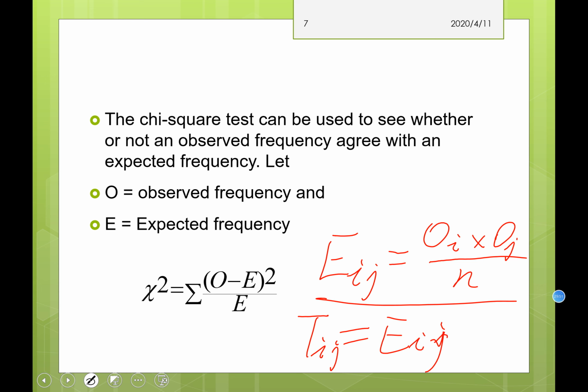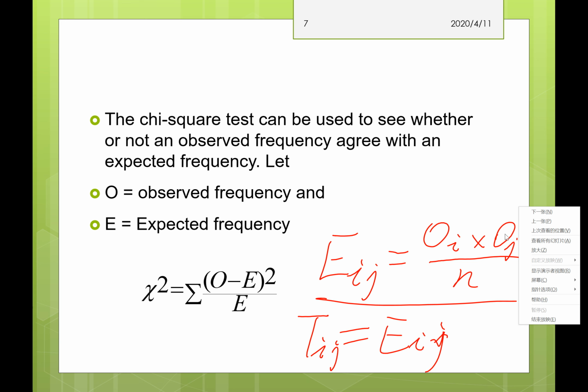So when you read some textbook, if you find a special character which is capital Tij, that means the theoretical frequency, which is the same as the expected frequency with the capital E.